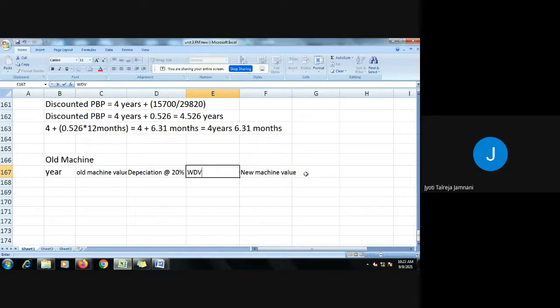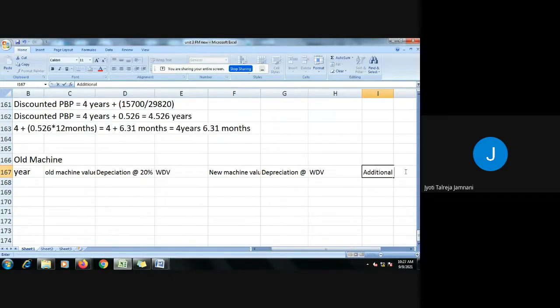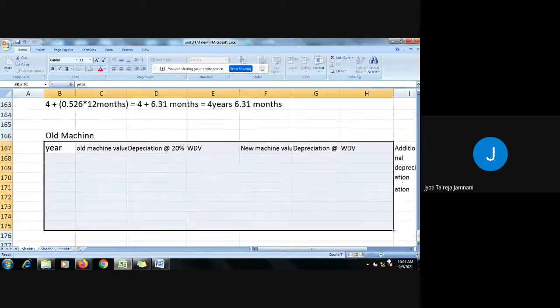New machine value, depreciation at 20%. Then WDV, here we will have additional depreciation. Okay. We'll solve it and then you'll slowly understand what all these columns are.